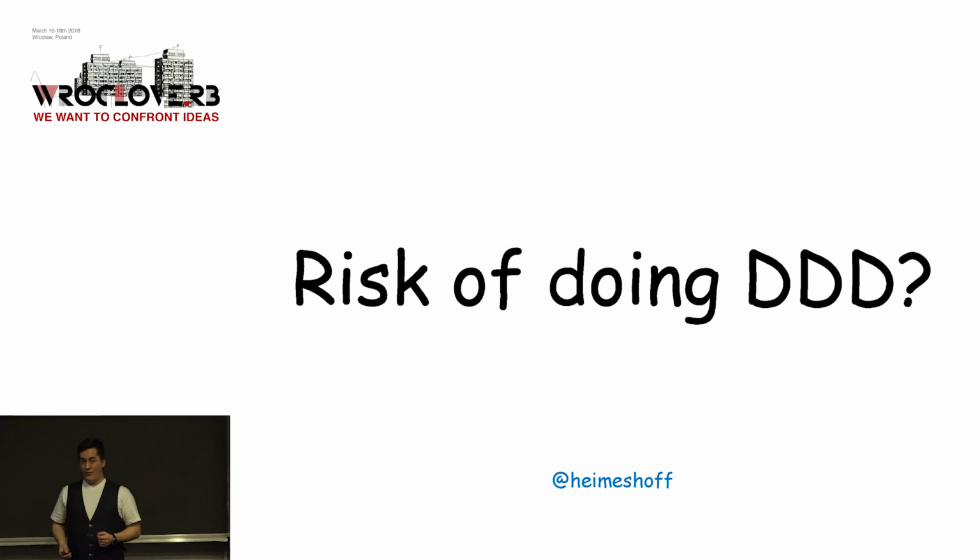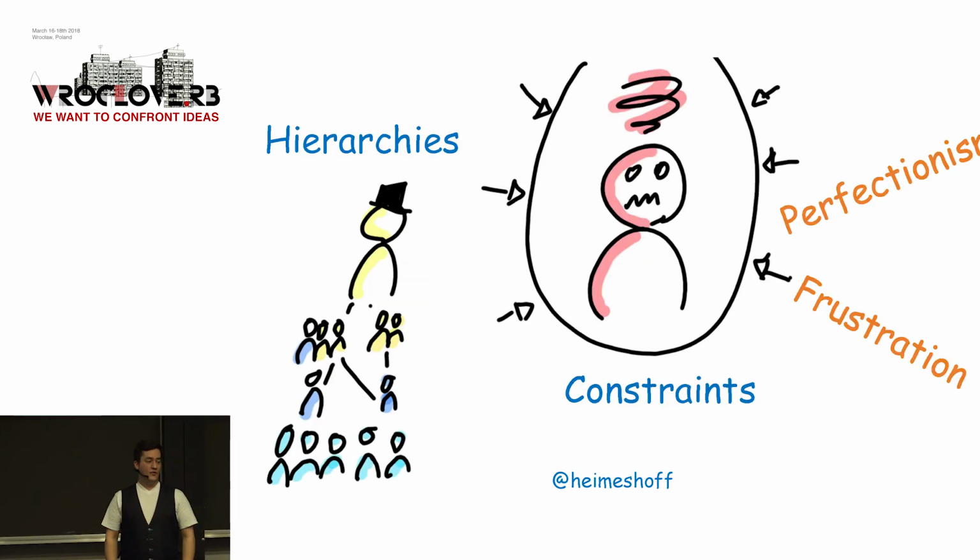So these are good reasons to do DDD, but there are risks. And I just have one slide, I think, for that. The risks of domain-driven design that I have encountered so far is hierarchies. Hierarchies is my main pain point. So if DDD comes from the bottom up, the developers said, oh, we went to Marco's talk and he was so entertaining, we want to do this now, cool.